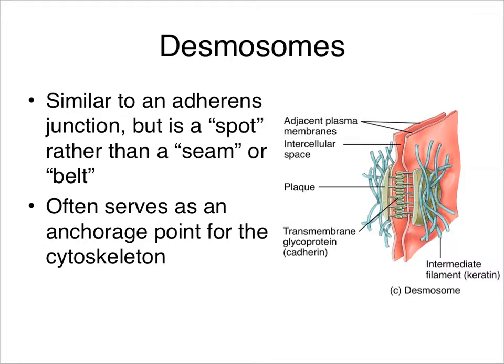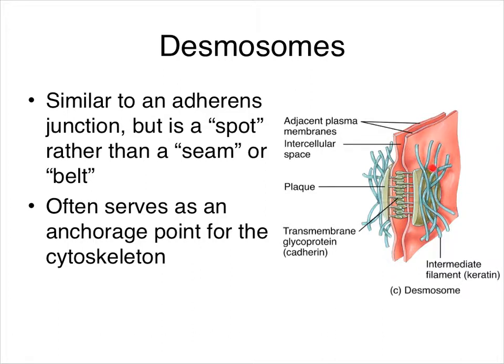Our third cell junction type is a desmosome. Now, desmosomes, instead of being a line or a seam, are sort of a spot weld, except they're not perfectly tight. So you can think of them more as being like a snap or a button.